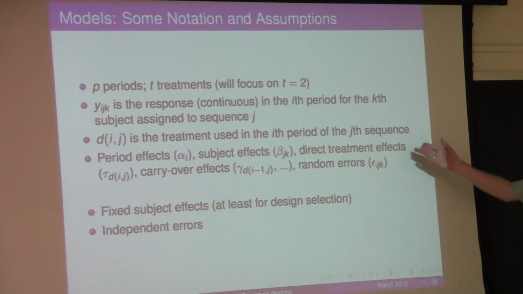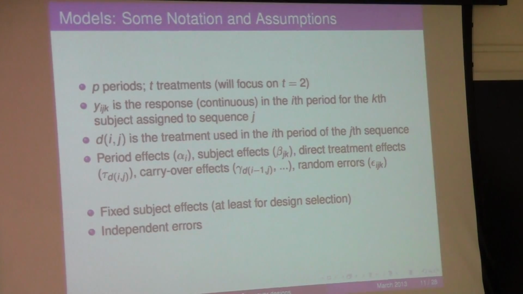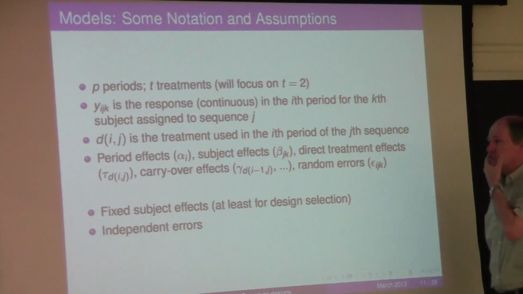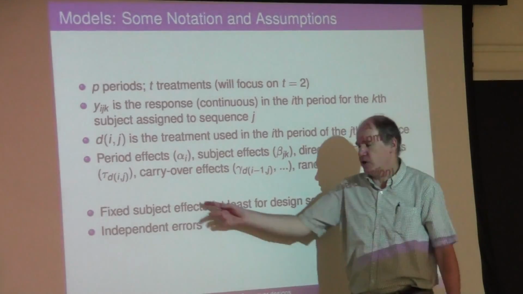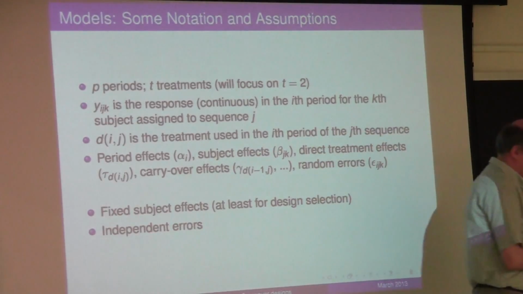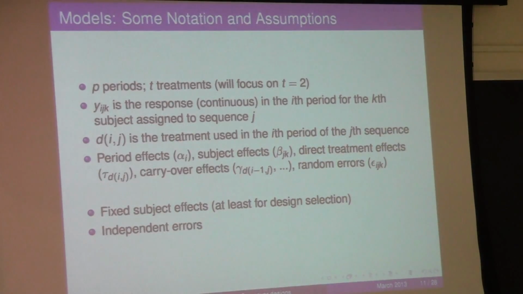And then random errors. I'm going to assume that the subject effects are fixed, which, if you do the analysis, you probably don't want to do. In the analysis, you probably want to assume random subject effects. These subjects, like the cows, for example, in my first experiment, you probably want to think of them as randomly selected from some larger population, and your inferences are for that larger population.